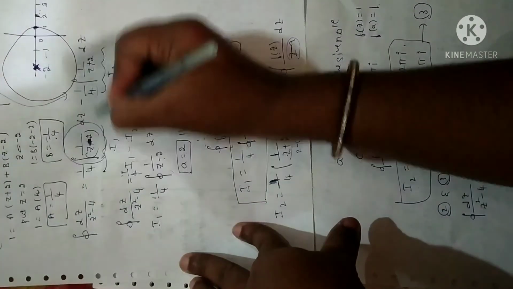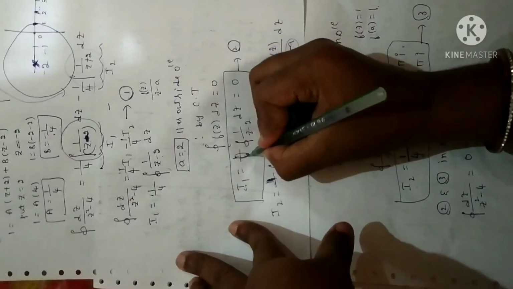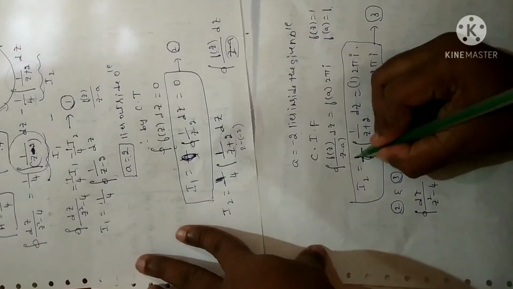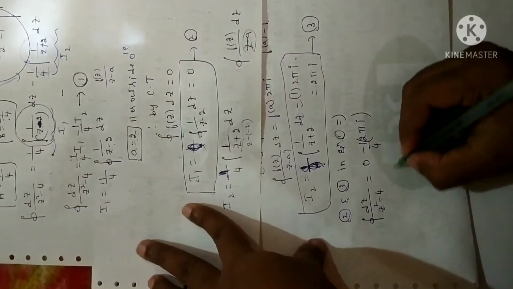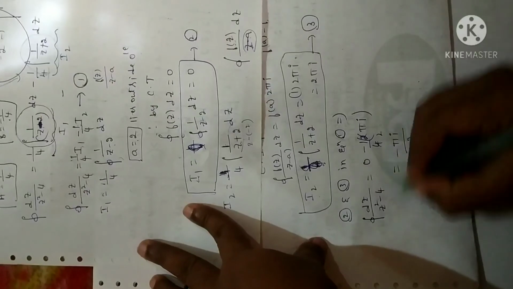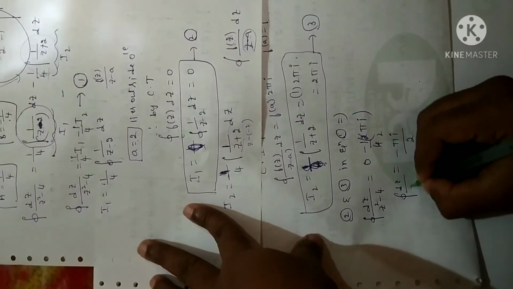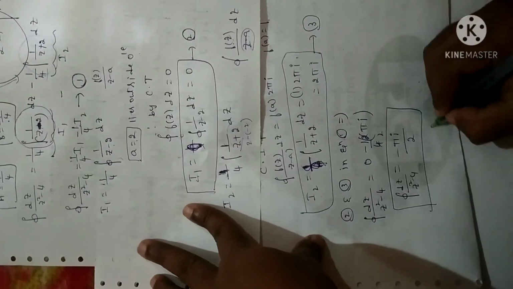So I1 will be only this value, minus 1 by 4 as it is, so I2 will be this value. I just made a change, because you will get confusion there. Fine. So you will get 1 by 4 into 2 pi I here. So 2 ones are 2, 2 twos are, minus pi into I divided by 2. Therefore, the required integral value is minus pi I by 2.